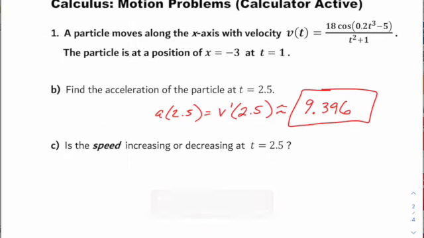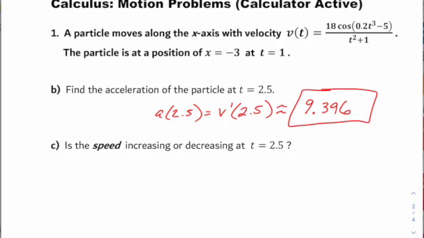Okay, so now part C says, at that same moment of 2.5, is the speed increasing or decreasing? So you just found that the acceleration at that moment was positive, but as hopefully you may recall, to talk about speed increasing or decreasing, you want to know about velocity and acceleration.